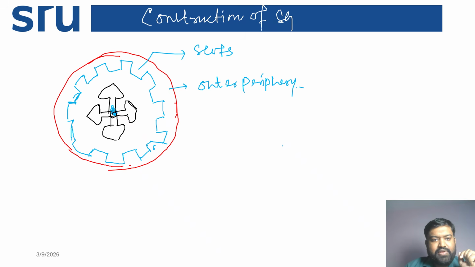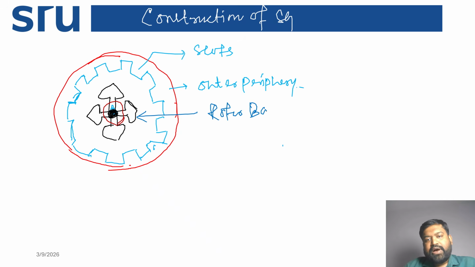And you see this is the center, and to wind or to hold the rotor bars, there is one steel spider. I'm highlighting these things. This is the rotor bar, projected outside.